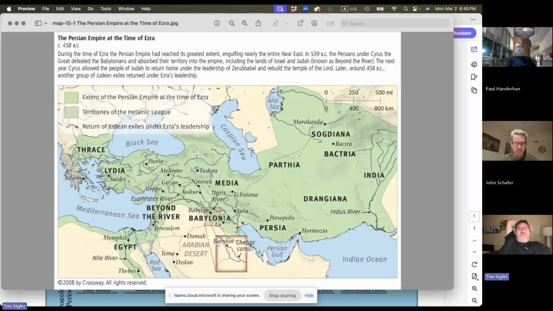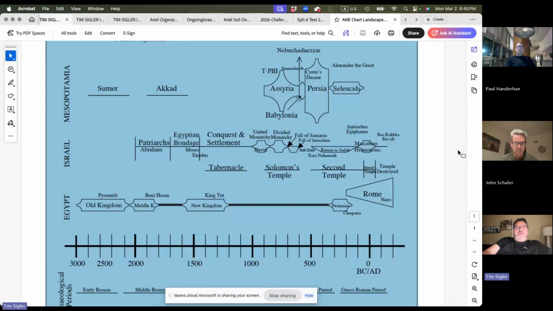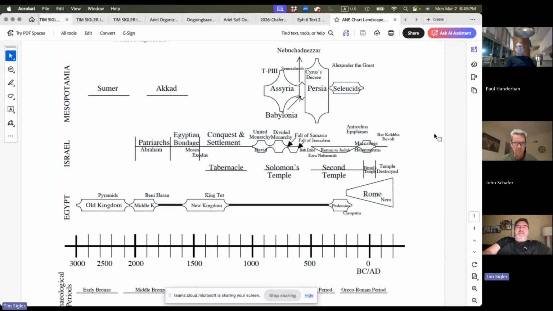Now, when we think about this new empire that comes on the scene, and I think I've told you this before, that the ancient empires that ruled, and for that matter, we can switch scenes and go back to this chart. You can see our chart of the ancient Near Eastern history, right?